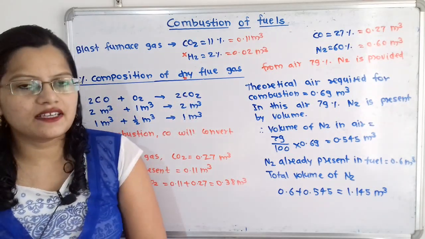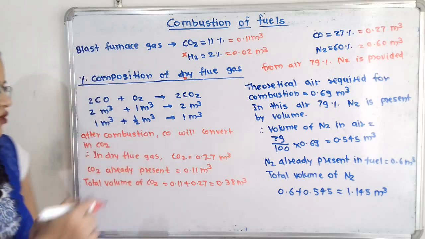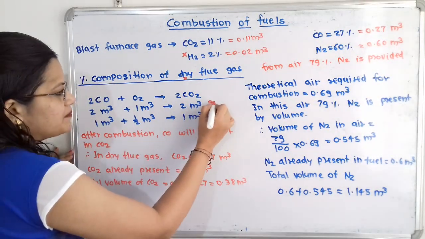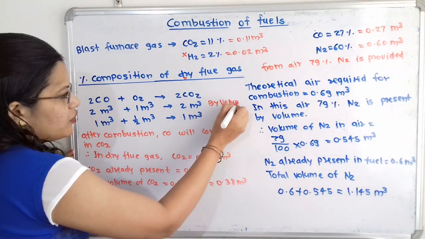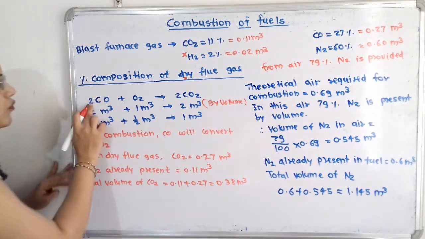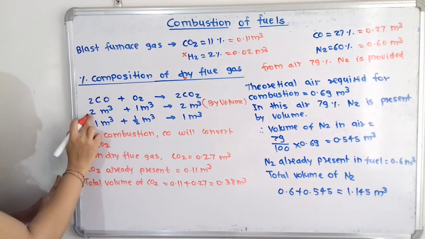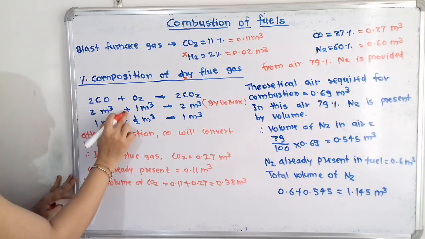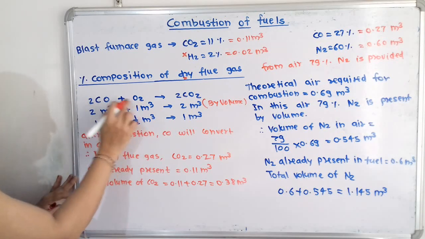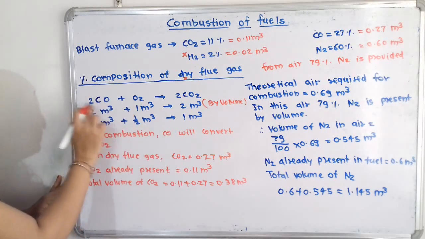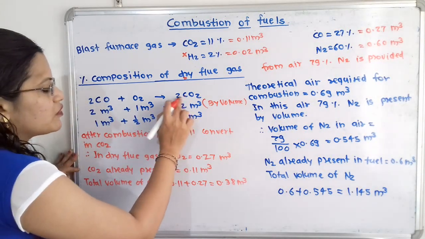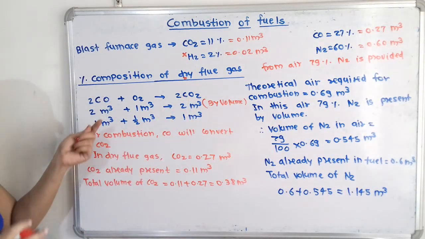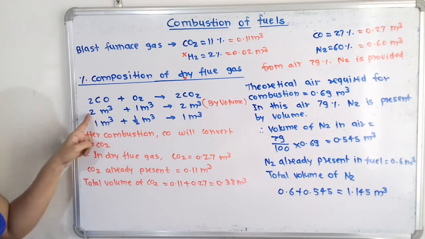Now we will write this in terms of volume. How to write this by volume? If we observe here, 2 volumes of carbon monoxide, that is 2 meter cube of CO, plus 1 meter cube of O2, considering the coefficients, will give us 2 meter cube of CO2. Now we will divide this by 2.